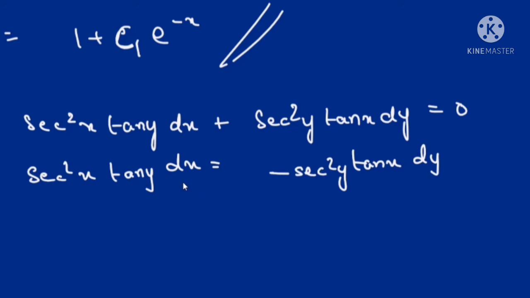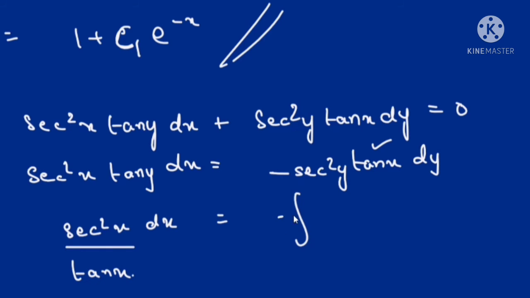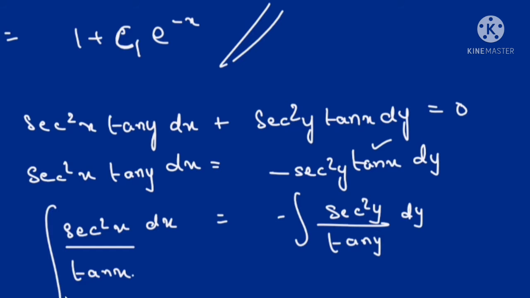We have dx here, so bring all the x terms to this side. So secant square x dx by tan x, bring the x term here, is equal to minus secant square y by tan y dy. So we are separating the variables. Now you can integrate.